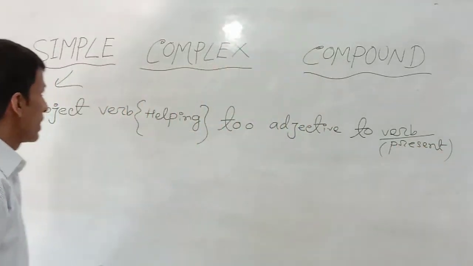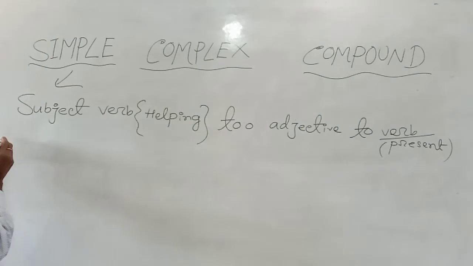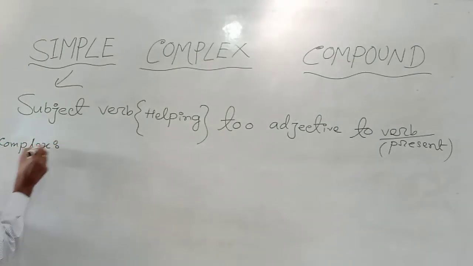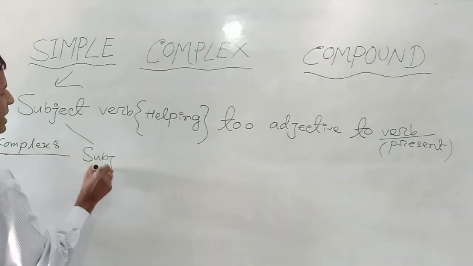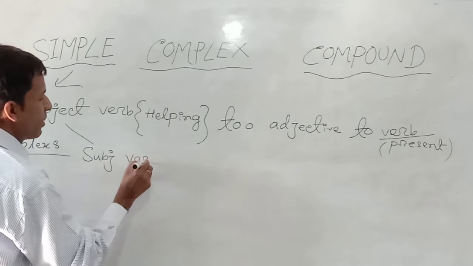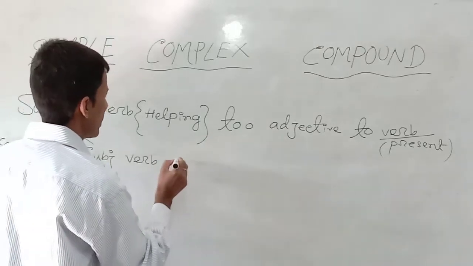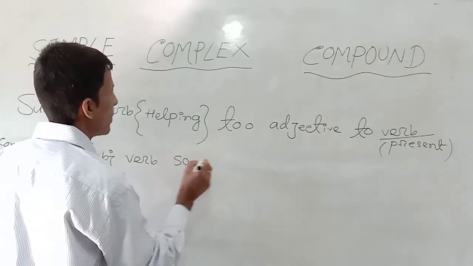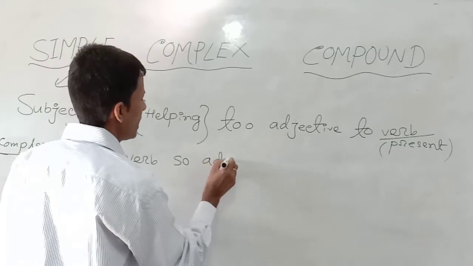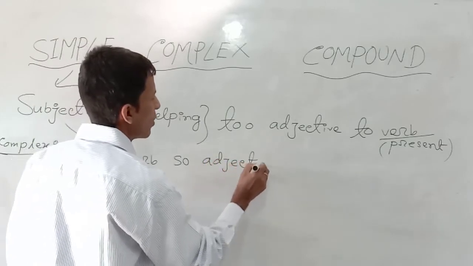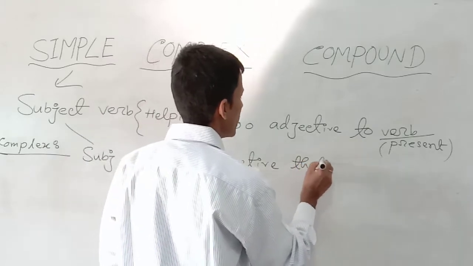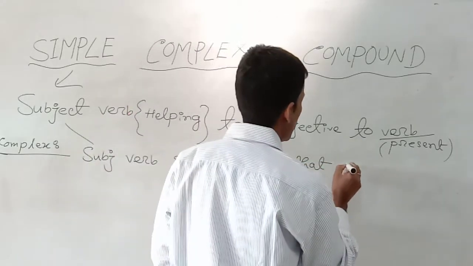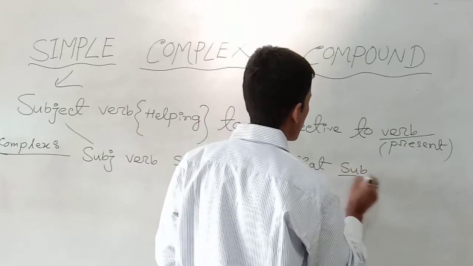If you want to transfer it into complex sentence, you will have to write first the subject without making any change. Then the verb will have to be written. To will be transferred into so. After that you will have to write adjective. To will be changed into that. Then you will have to write the subjective case.